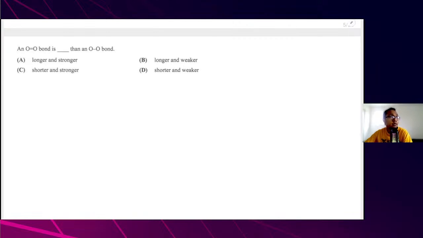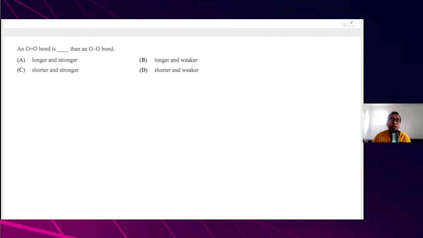So this concept of double bond and single bond, how to get this done, is pretty simple. You can answer this question properly if we understand covalent bonds.